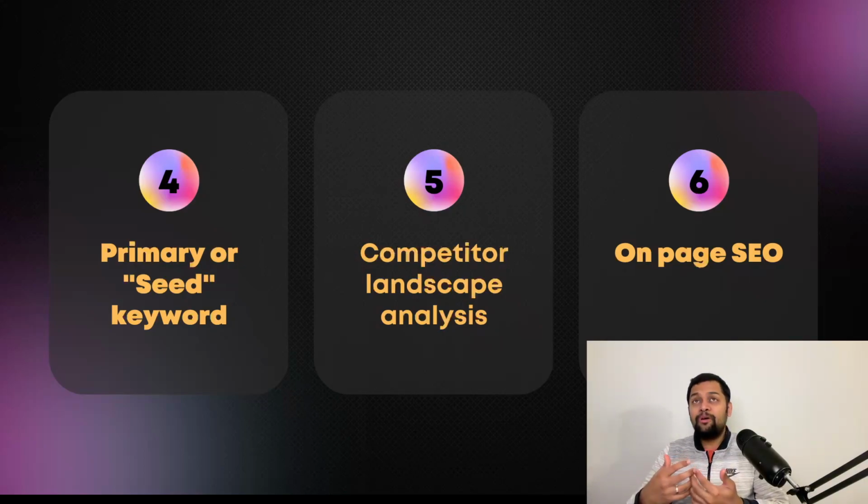If you know that your competitor is spending a lot of money on certain keywords, it means that it's helping them acquire leads. So you can use that information and focus on those highly valuable keywords to create content. That's your next tactic, which is competitor landscape analysis.